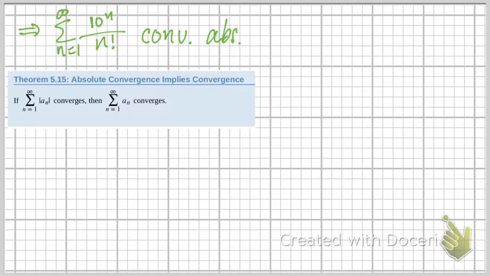This implies that the series from n equals 1 to infinity of 10 to the n over n factorial converges by this theorem.